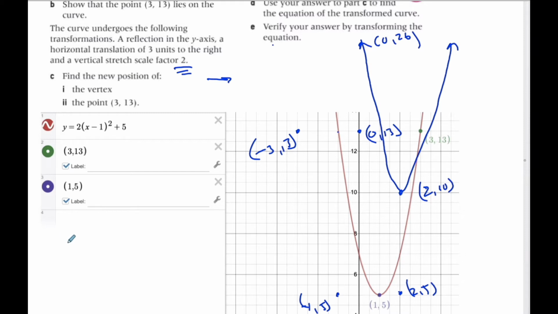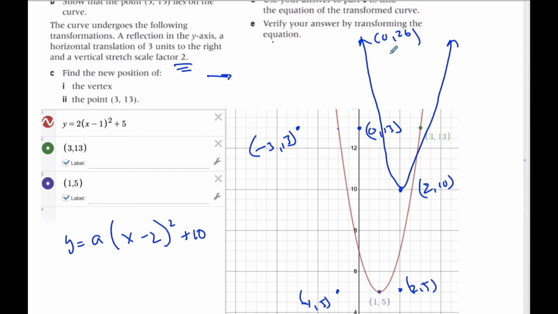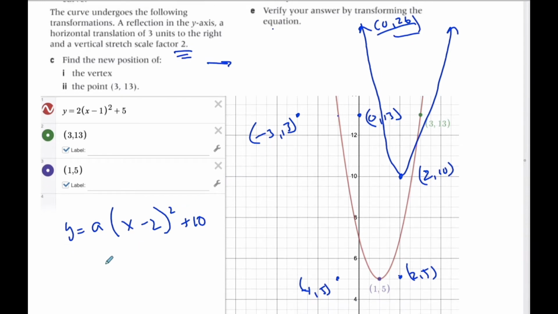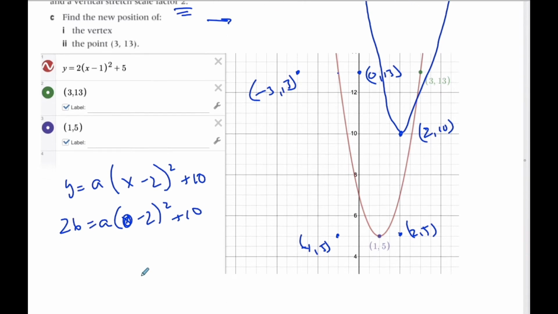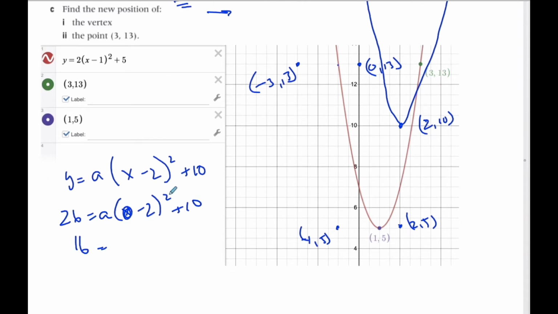I know that y is equal to, I'm not sure about the horizontal stretch or vertical stretch altogether, but I do know it's going to be (x - 2)² + 10 because of the vertex. And if I want to find what a is, I use this point here, so 26 is equal to a(0 - 2)² + 10, which will be 16 is equal to (-2)² is 4a, and so a is 4.